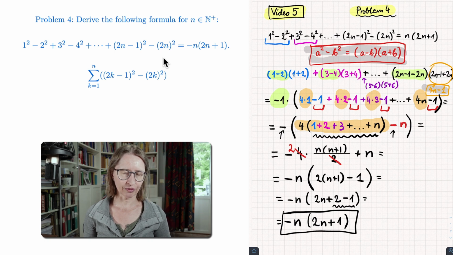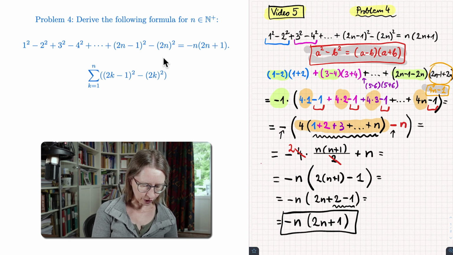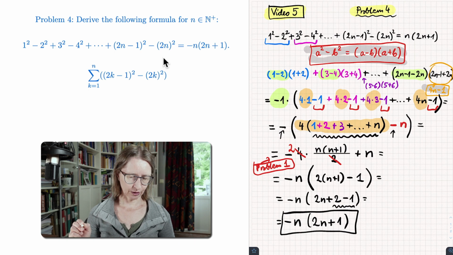And the last trick, the third one, was application of this formula from problem number 1. Maybe I will write it here clearly, that here we use problem number 1.